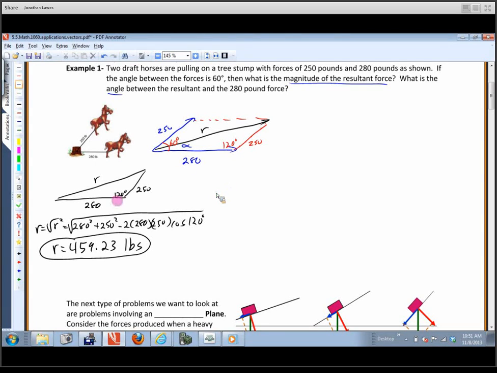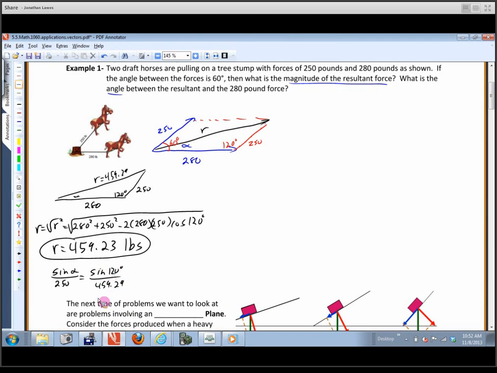Well, if I know that this now is 459.23, I've got all three sides and one of the angles, so I could do this. If I want to find alpha right here, I could say that the sine of alpha over the corresponding side there, 250, equals the sine of 120 over 459.23.